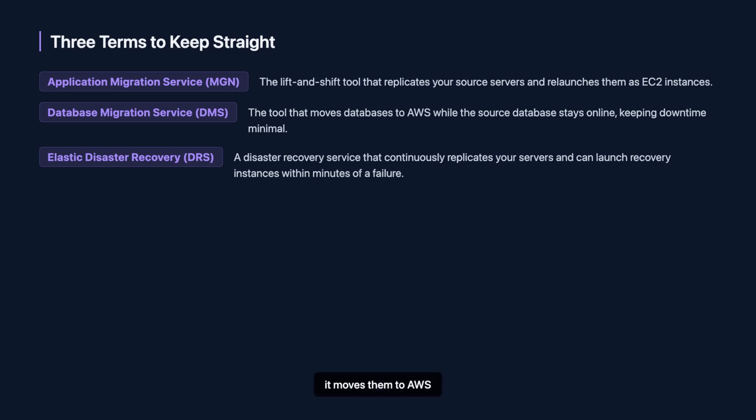It moves them to Amazon Web Services while the source stays online, so CodeGorillas keeps that production database serving customers the whole time. And Elastic Disaster Recovery, abbreviated DRS, isn't a migration tool at all. It continuously replicates your servers so it can spin up recovery instances within minutes of a failure. Servers, data, disaster recovery. Keep those 3 straight and the rest of this video clicks into place.